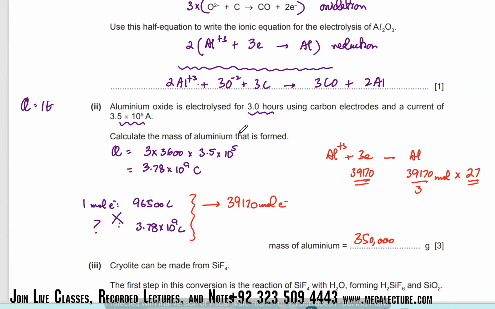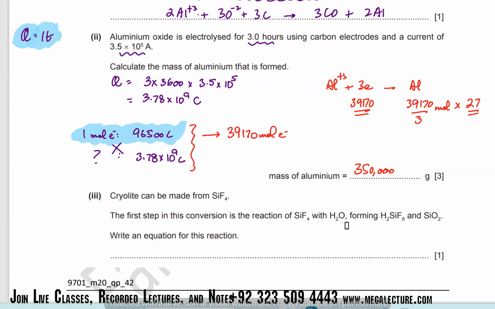So just remember that one, Q is equal to IT, you can figure out the total charge. And the other thing is that the electron moles can be converted into charge. You can figure out the charge or vice versa. If you know the charge, you can figure out the moles of electrons.